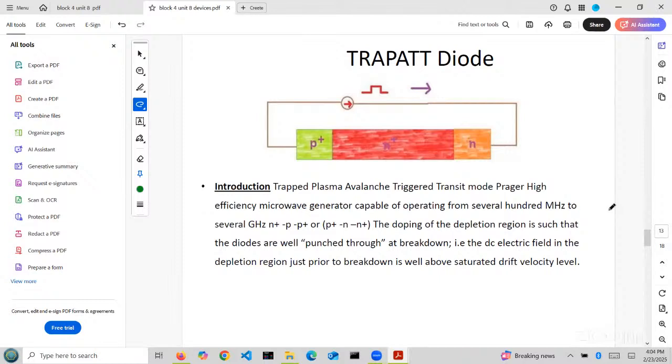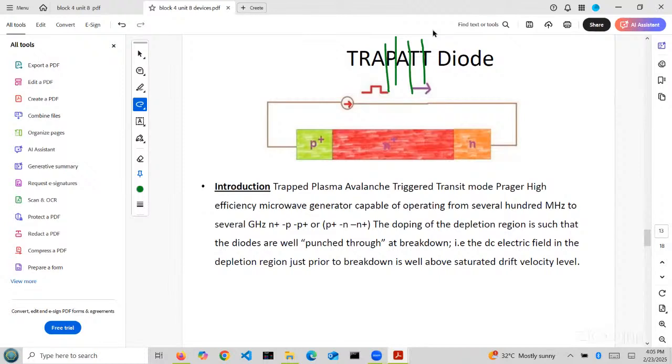What is the full form of TRAPATT diode? Trapped plasma avalanche triggered transit. What is TRA, the first three letters? Trapped. Trapped plasma, next avalanche triggered transit diode.